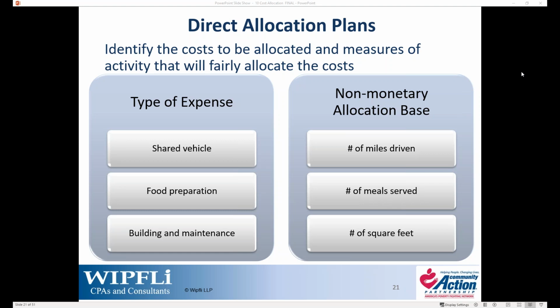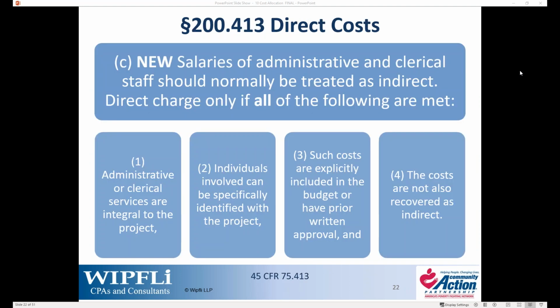Number of miles driven would be a reasonable non-monetary allocation base. Food preparation, maybe number of meals served. Building maintenance could be allocated based on square footage. Again, think about non-monetary bases and ways that would fairly allocate costs to different programs that benefit. Now remember, we always have to look at benefit.